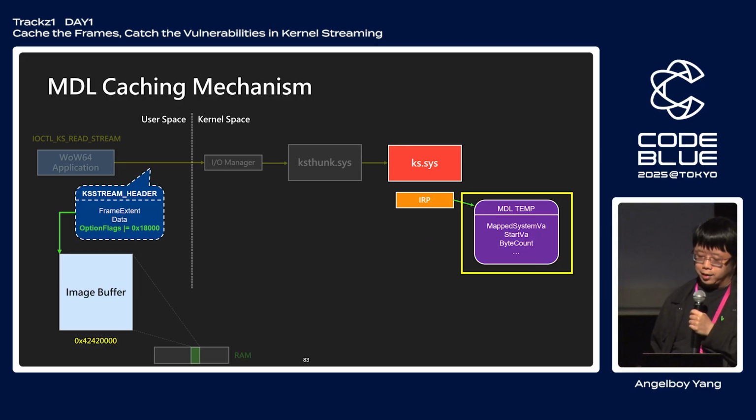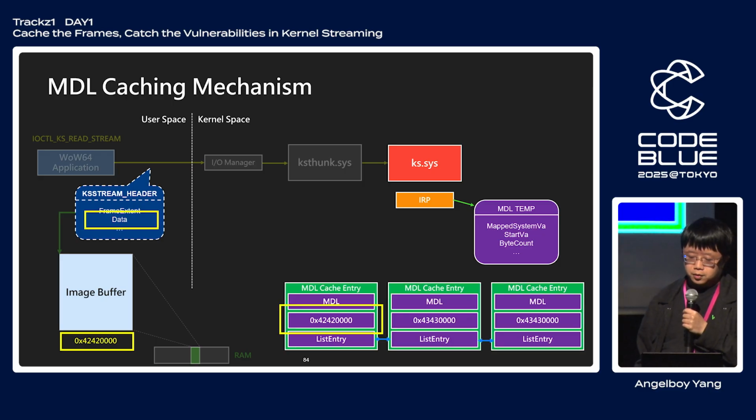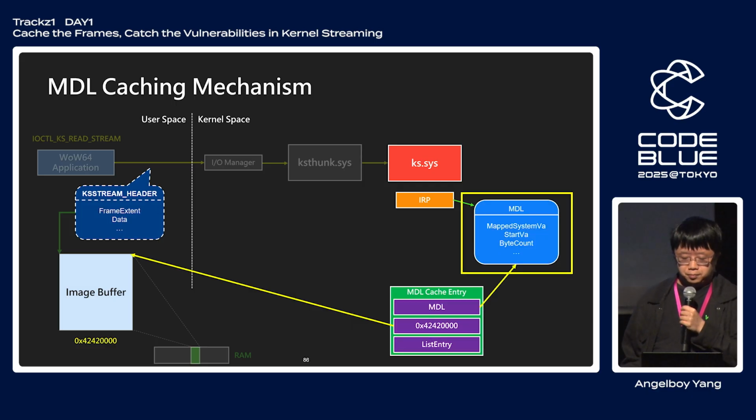For subsequent requests, if the cache is enabled, a new frame buffer will not be allocated immediately. Instead, a smaller MDL is allocated as a temp MDL first. Next, it checks the MDL cache to see if there is a suitable MDL. It compares the user space buffer address, and if they match, the cache entry is taken out.